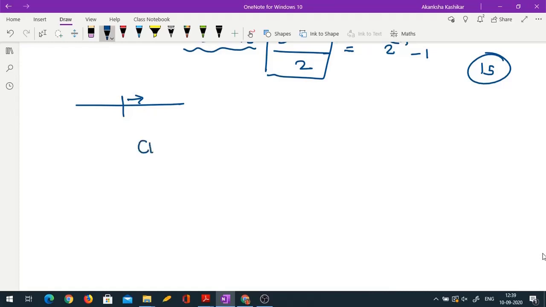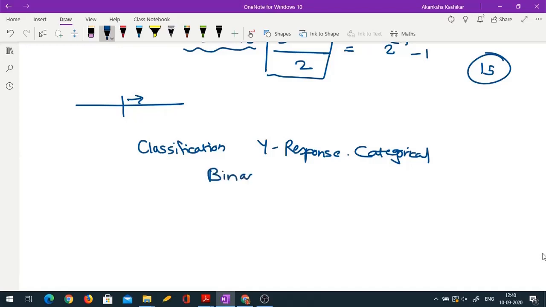So let me first talk about the classification setup. In the classification setup, my y, the response variable, is categorical. So the error that I am going to measure is in terms of misclassification. And for the sake of simplicity, let me say y is a binary response.